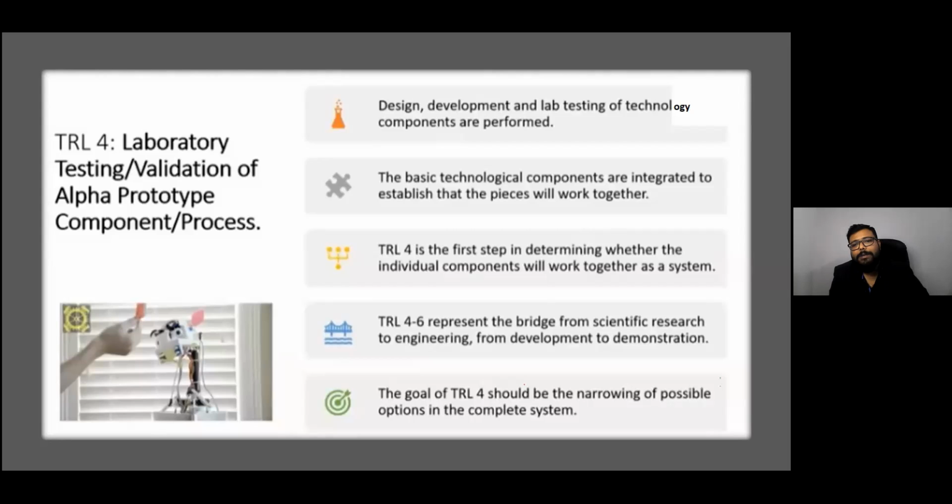So TRL 4 is the first step of determining whether the individual components will work together as a system. I also told you, whenever we start any development, we need to divide it into some pieces. This is where you are assembling all the small pieces of the development, and you need to check whether it is actually working or not.